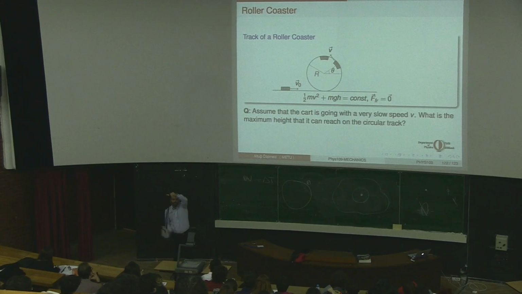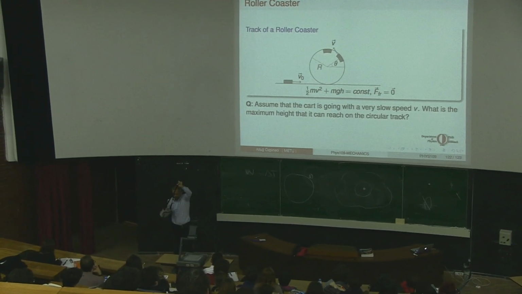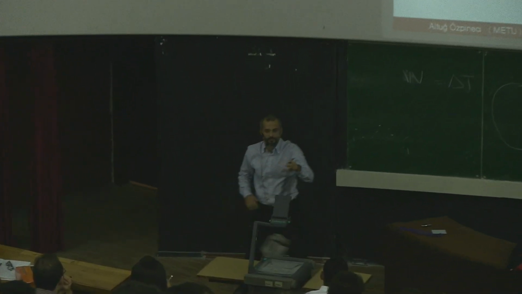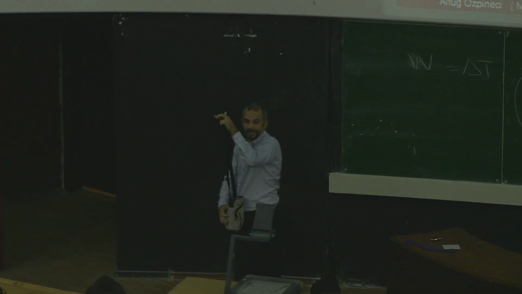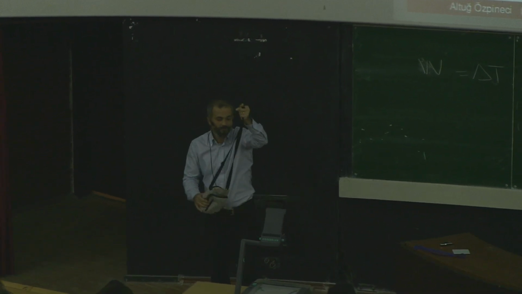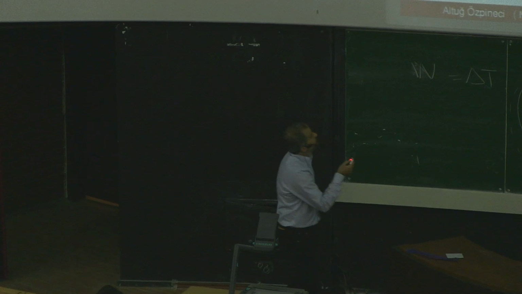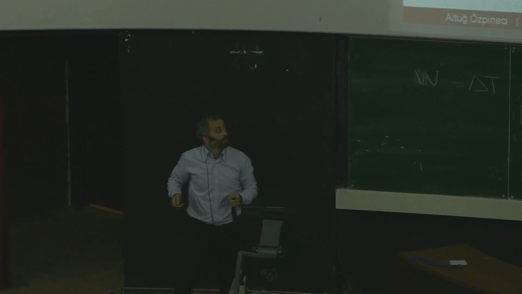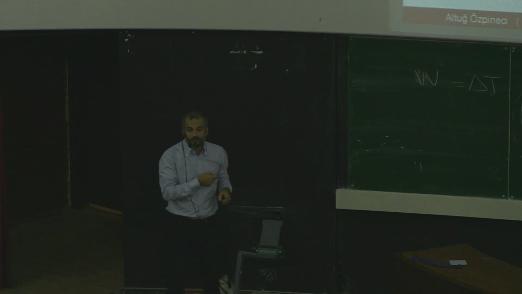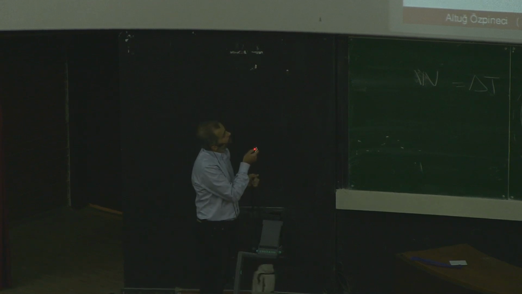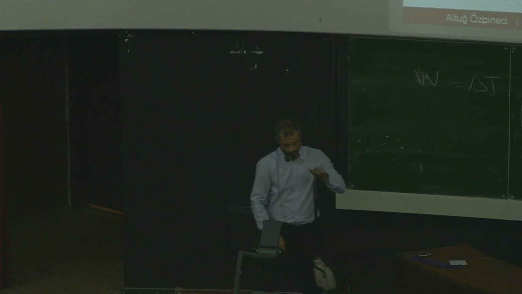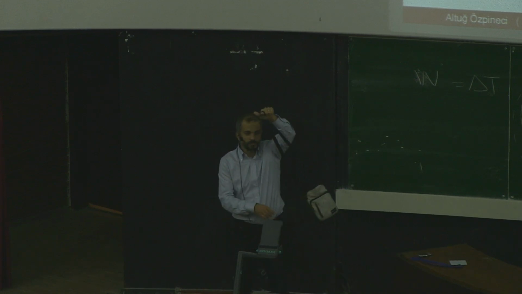Now, just imagine that this is your train, and at the bottom point, it has some initial velocity. If the initial velocity at the bottom part is high enough, it makes a full turn and you can safely continue your track. If it's not high enough, if it is very low, it just rises a bit. Let's just assume that it doesn't have any engine, there are no forces acting on it, there is no friction.